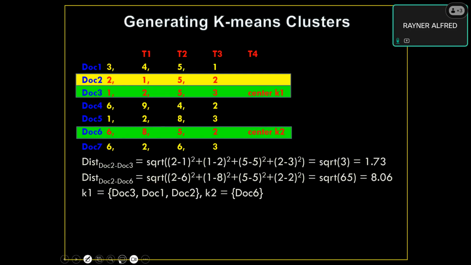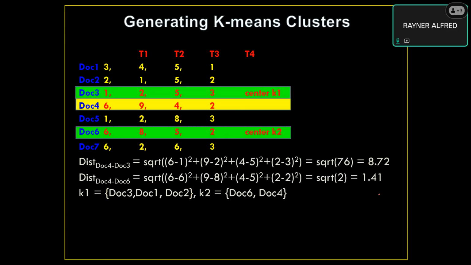We repeat again for document 2. Document 2 is nearer to document 3, so we put it in the same cluster as document 3. Of course, the next one would be document 3, but since it is actually the centroid, it stays inside this cluster. Next we do document 4.